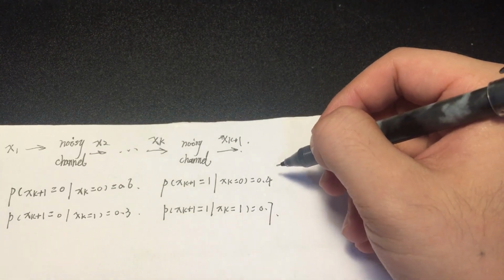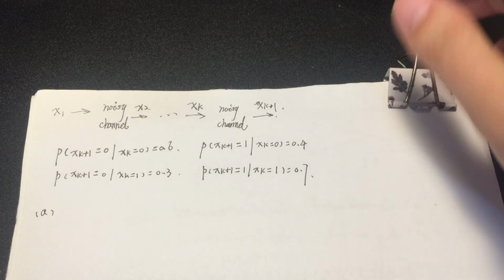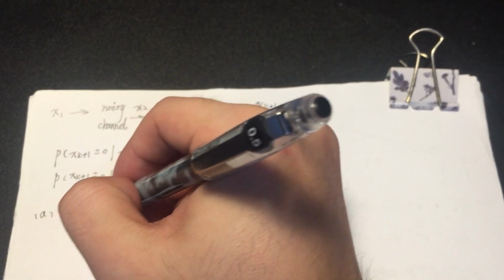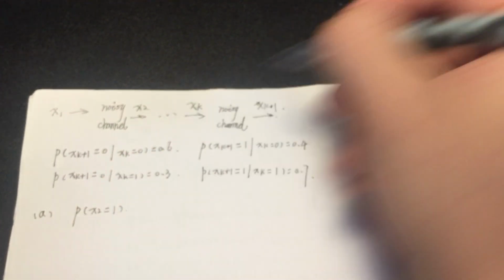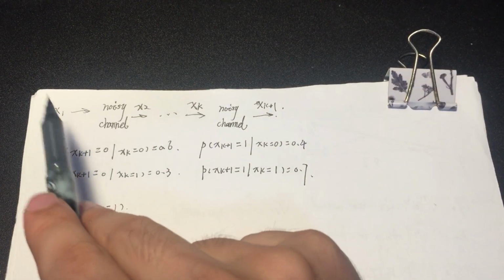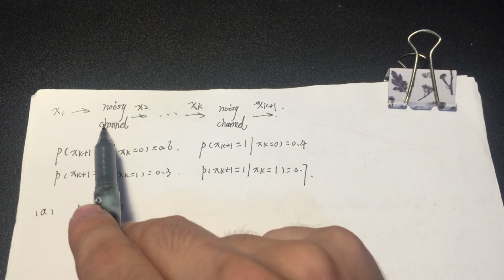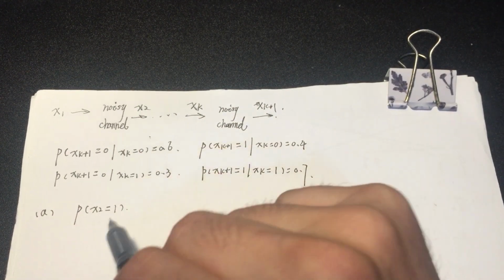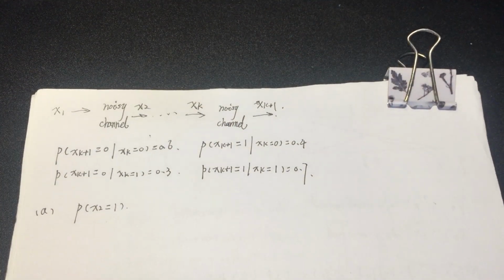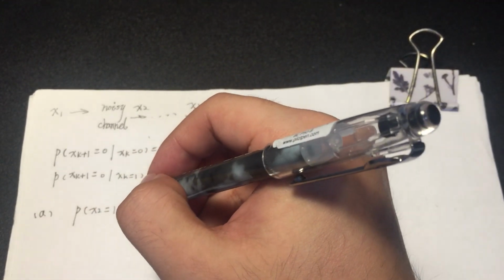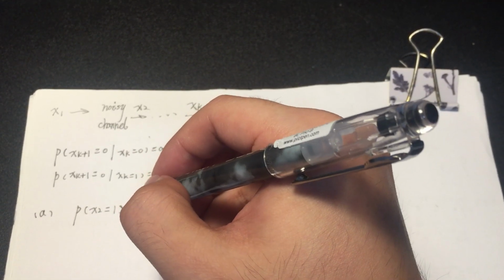So the first question asks us to calculate P(x2 = 1), which means x1 has signal 0 or 1 and then goes through the noise channel. The probability of x2 equals 1. We can do it the same way as last week.